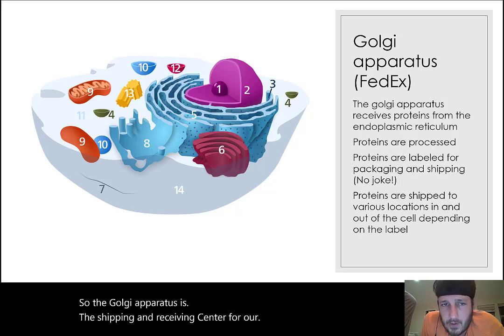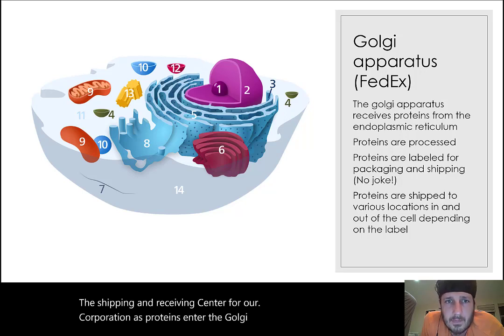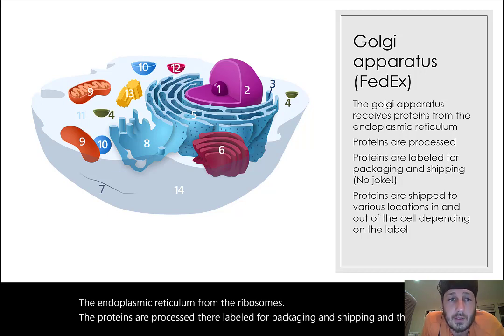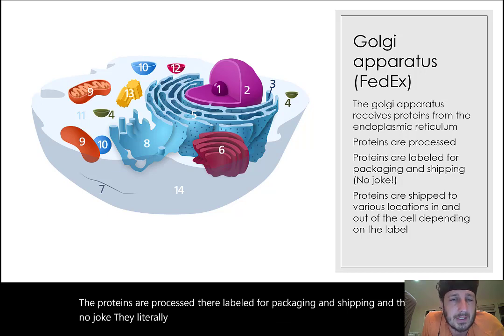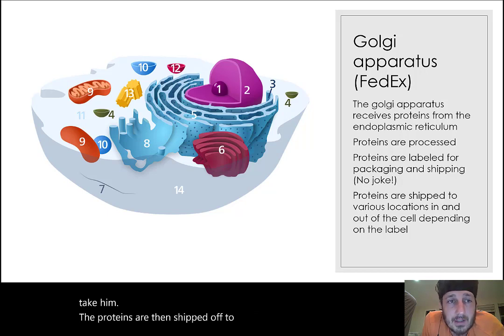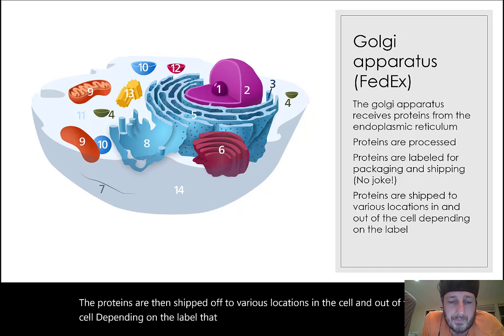As proteins enter the Golgi apparatus from the endoplasmic reticulum, from the ribosomes, the proteins are processed, they're labeled for packaging and shipping, and this is no joke. They literally have pieces attached to them so that the cell knows where to take them. The proteins are then shipped off to various locations in the cell and out of the cell, depending on the label that was put on them.